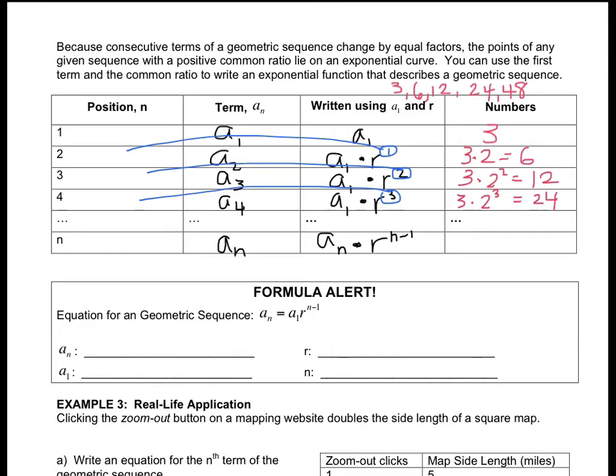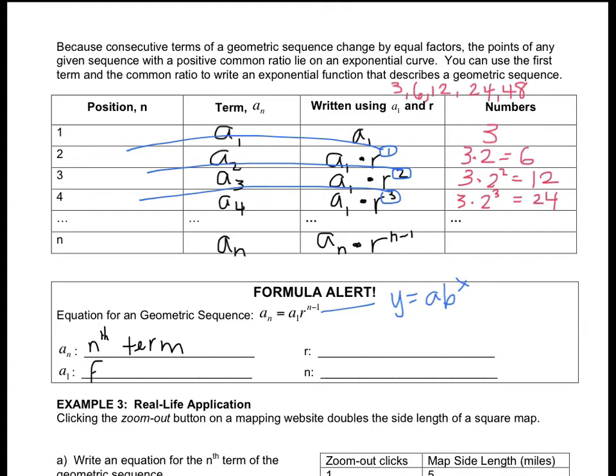So I've got that listed right here, so that way we can just talk about the parts, and I hope you recognize the similarity between that formula and the y equals a b to the x generic formula. So A sub n is the nth term. That phrase should not sound foreign to you. It should sound familiar from arithmetic sequences.